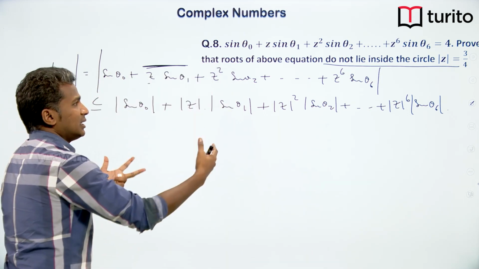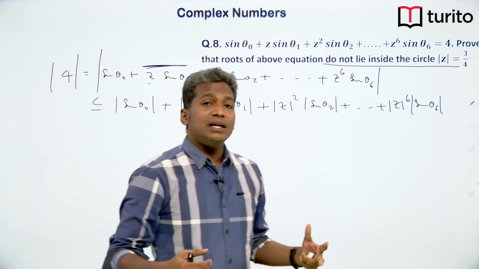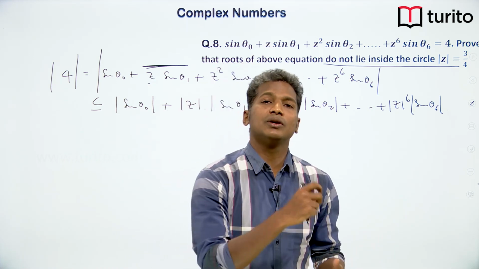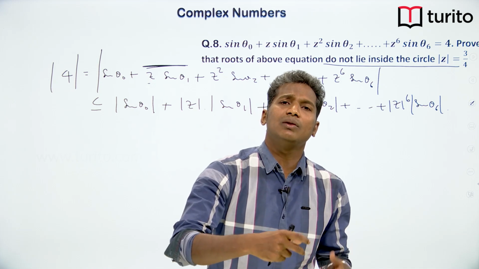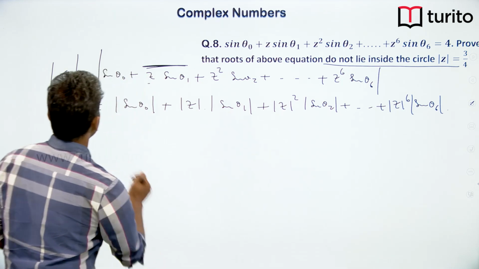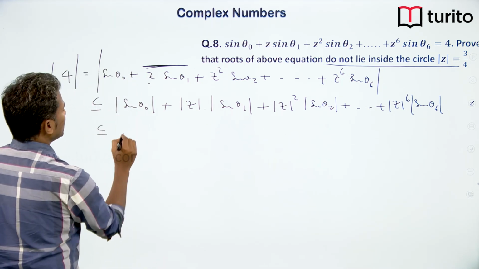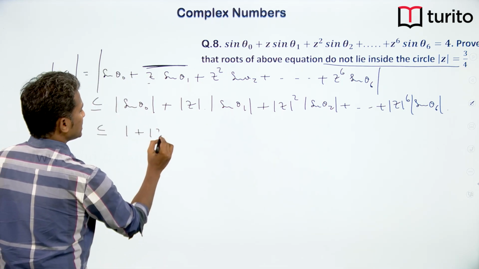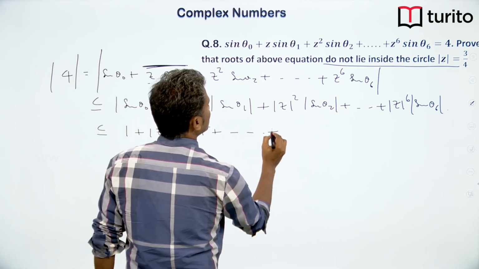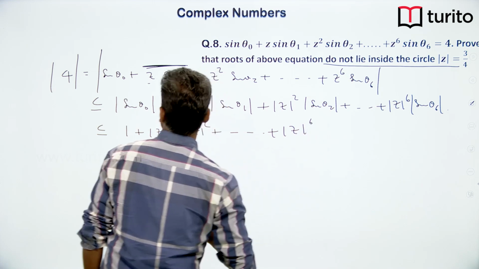Now, further there is this identity that sin theta cannot be greater than 1. So, mod of sin theta can be put as always less than or equal to 1. So, that means here we can say that this is further less than or equal to 1 plus mod z plus mod z square till mod of z power 6.